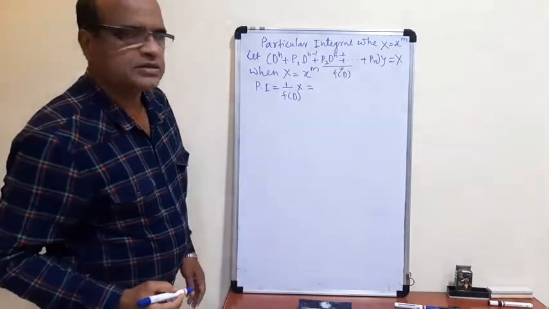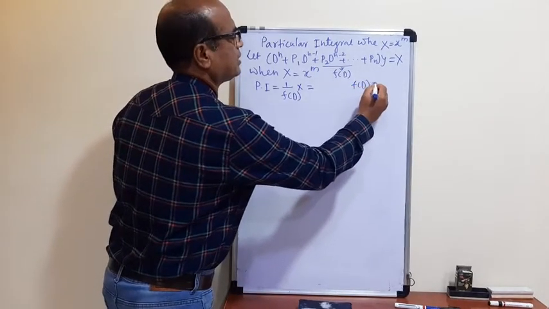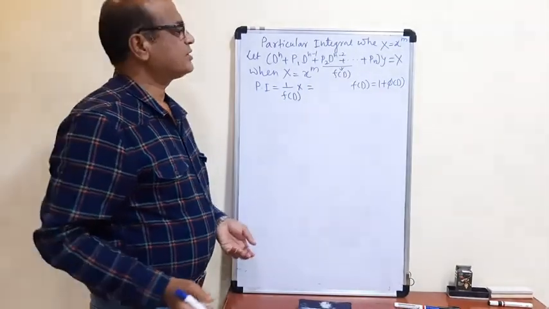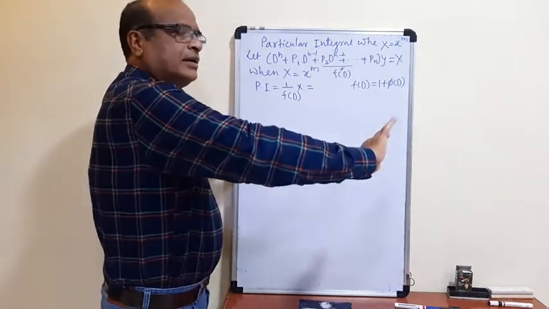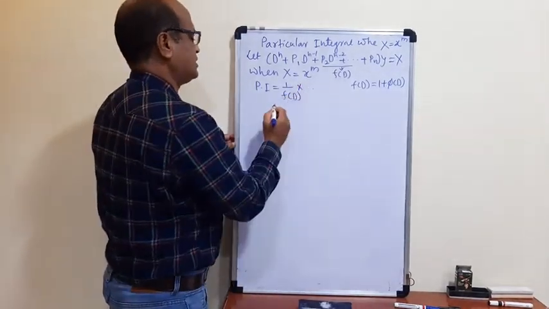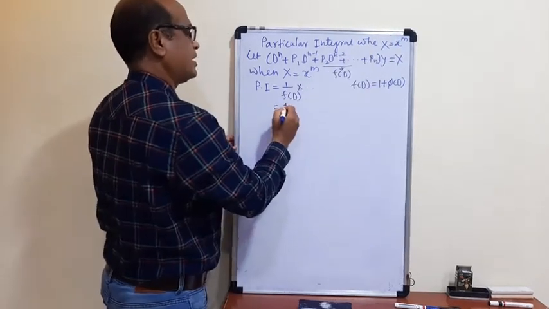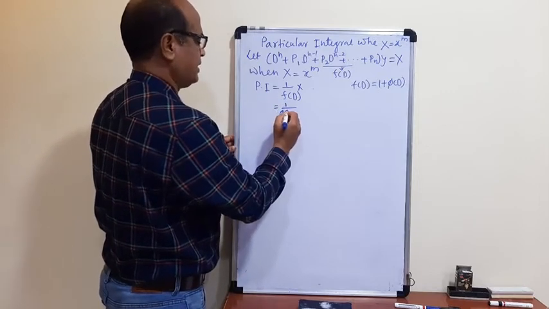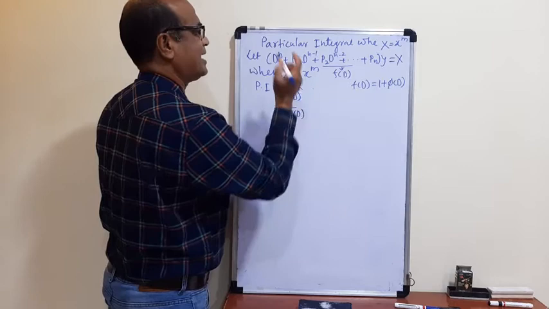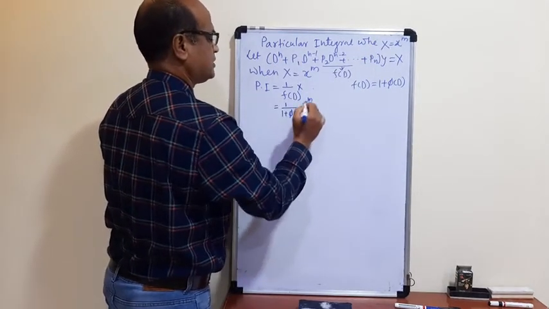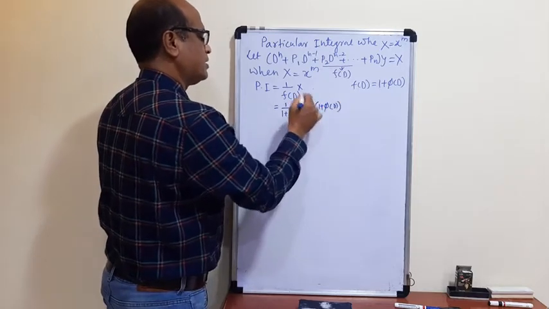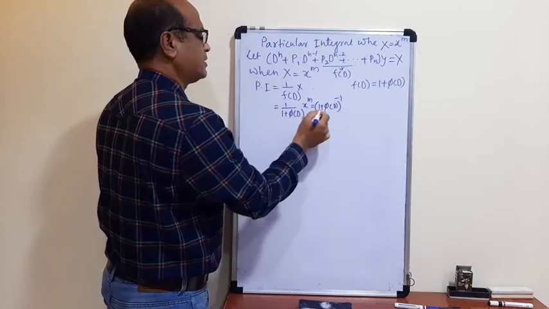We write this f of D in the form 1 plus phi of D, so we take out 1 and the remaining is phi of D. So f of D is equal to 1 plus phi of D. Putting this f of D and X equal to x raised to m, the PI is 1 upon 1 plus phi of D times x raised to m, which is 1 plus phi of D raised to minus 1 into x raised to m.